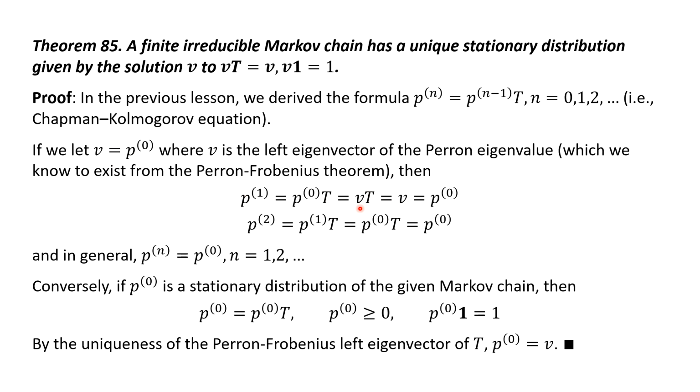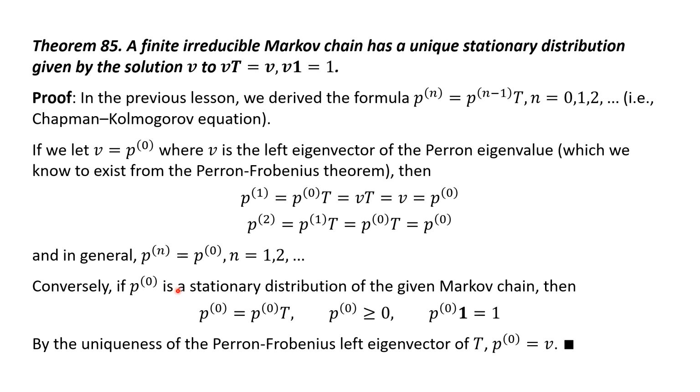And then because v is the left eigenvector, we have this here. And then we plug back in and we get P_0. So P_1 equals P_0, and you can go through similar calculations and show P_2 equals P_0, and in general, P_n equals P_0. So in other words, if we let the initial probability distribution equal the left eigenvector corresponding to the Perron eigenvalue, then we've shown it's a stationary distribution, and in fact the Markov chain is classified as being stationary.